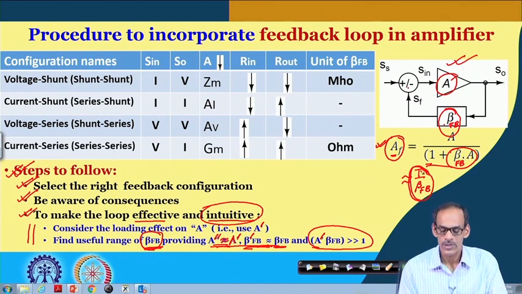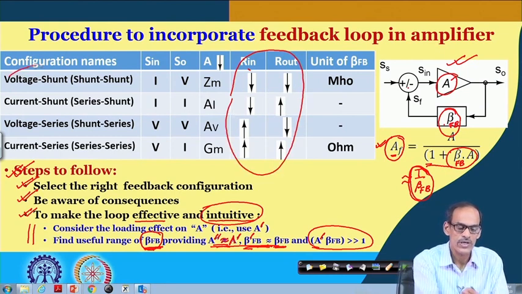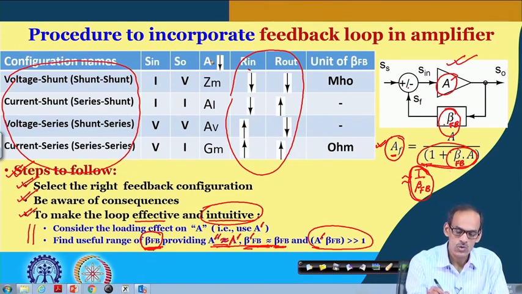But of course, even if you are not satisfying these conditions, the R in and R out will still increase or decrease according to this table for the different configurations. Only thing is that their increase and decrease may not be defined by this same desensitization factor. We have to consider the corresponding deviation to get a more accurate change in the input and output resistance, and also the change in A.